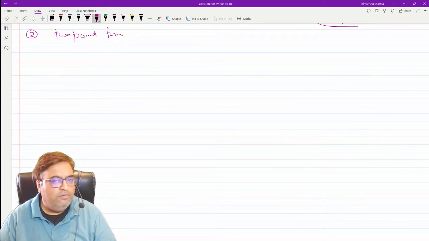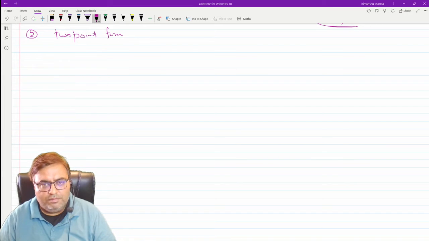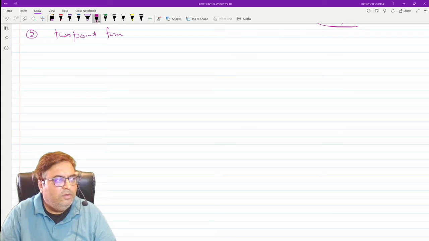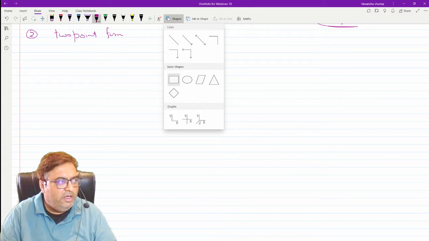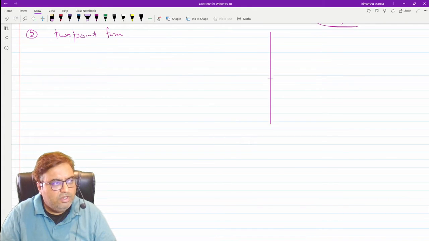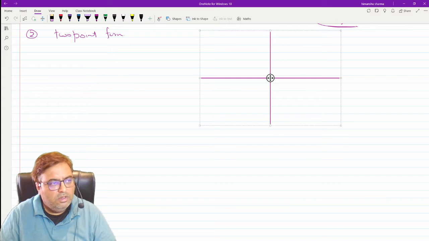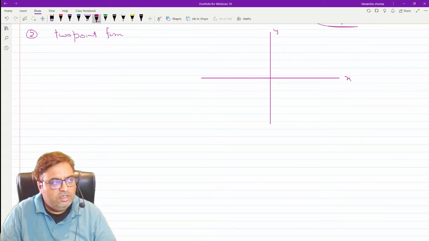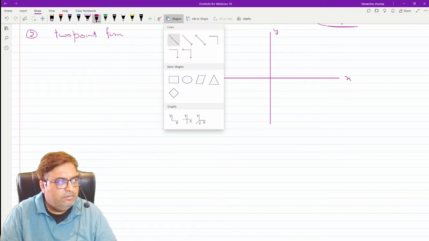The next form which comes is the 2-point form. In 2-point form, what will happen? Let's say there is a coordinate system something like this. This is the axis of x and this is the axis of y. Now there is a line.